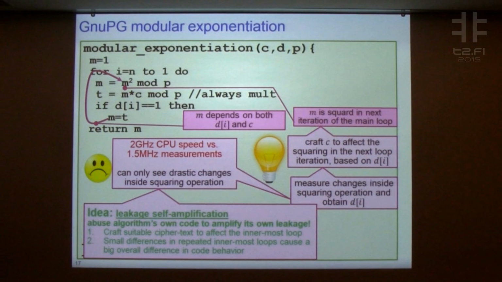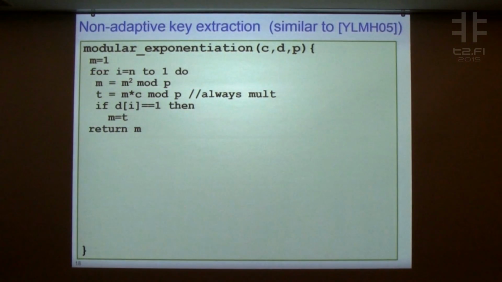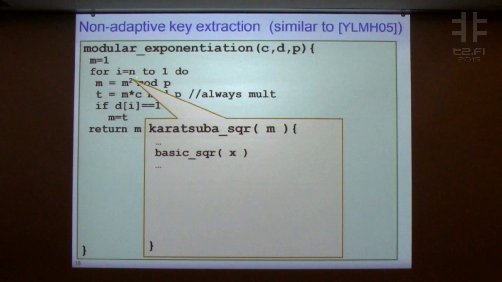So in order to show you how to do liquid self-amplification on this squaring operation, I need to dive a little bit deeper and show you how GnuPG implements the squaring operation. GnuPG implements squaring using the Karatsuba algorithm. I'm not going to bother you with all the details, but the important thing is that the Karatsuba algorithm is a recursive algorithm.